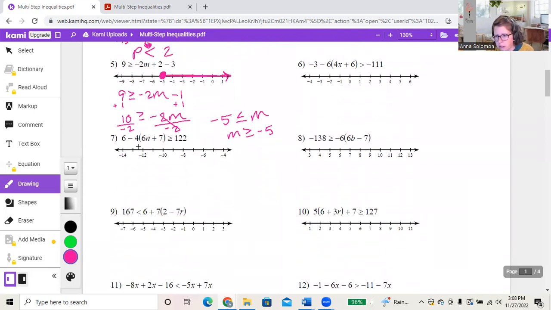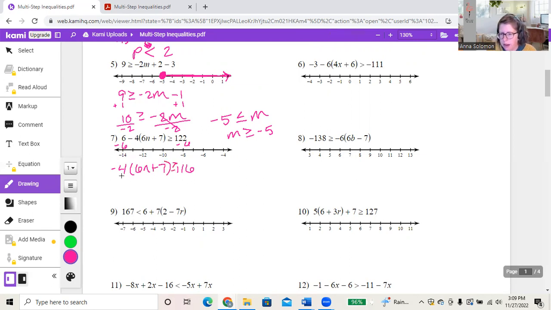So with this one, we're going to have to do some math before we can even get to the inequality part. So let's see, we've got 122 minus 6. Let me go ahead and do that part, minus 6. So that is 116. And then the rest of it, negative 4 times the quantity 6n plus 7, is greater than or equal to.